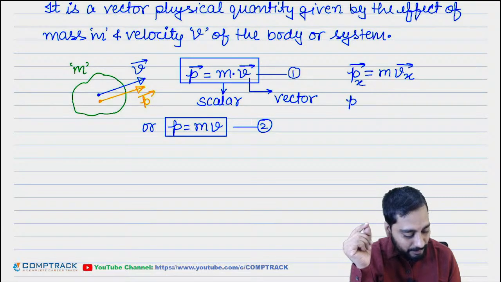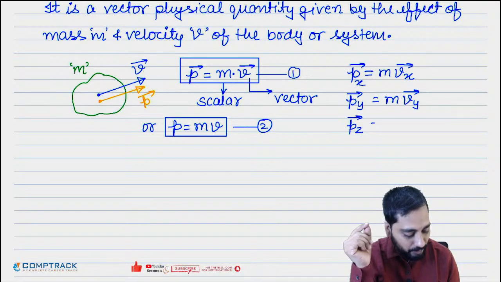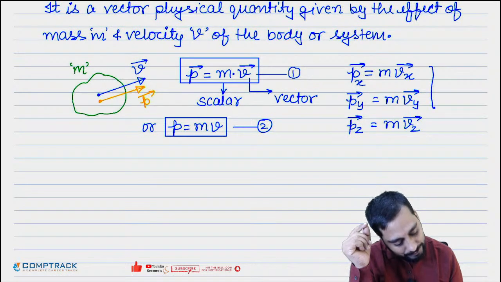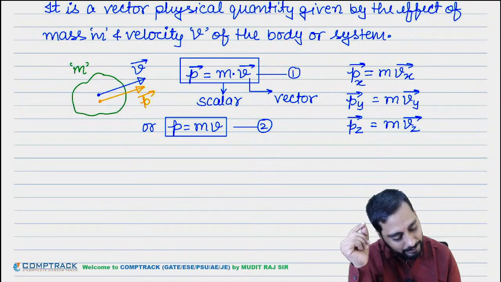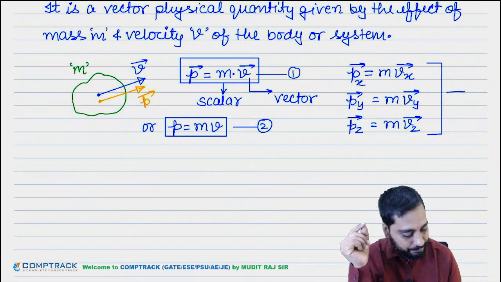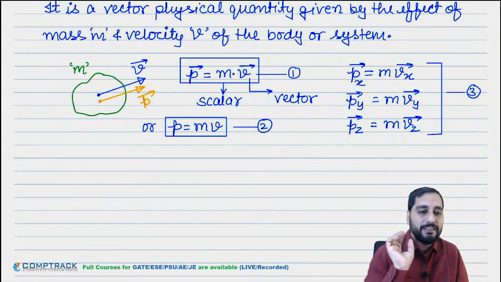When you consider velocity in y direction, then linear momentum will be in y direction. When you consider velocity in z direction, then linear momentum will be in z direction, because whatever the direction of the velocity will become the direction of linear momentum. Mass has no direction, it is scalar.